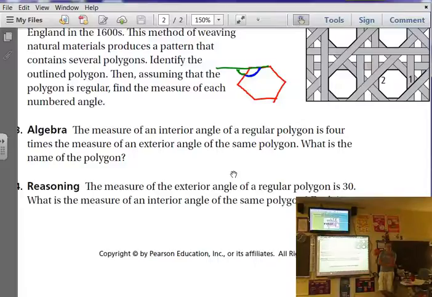Yeah, they're supplementary, right? So that vocab is helpful to say things easier. So what I know is that there's a relationship between angles. It says the measure of the interior is 4 times the measure of the exterior. So if the exterior was x, then the interior has to be 4x. So really what we're saying is 5x has to equal 180.